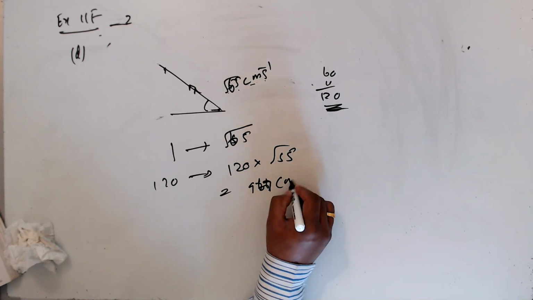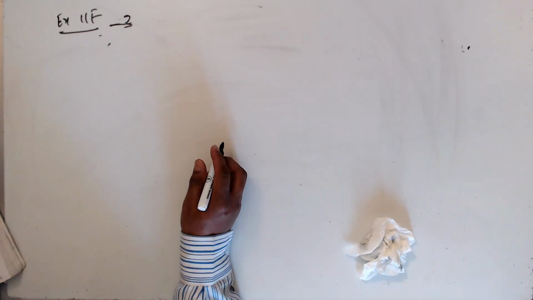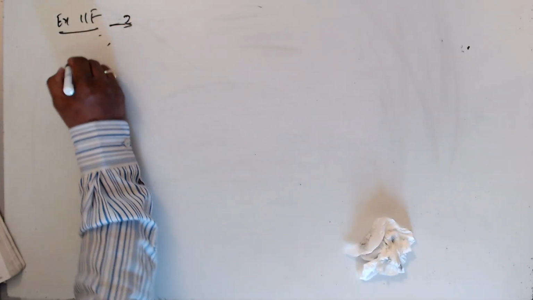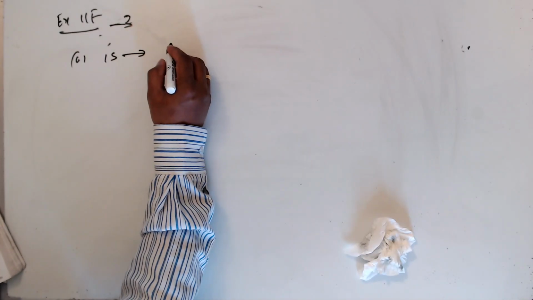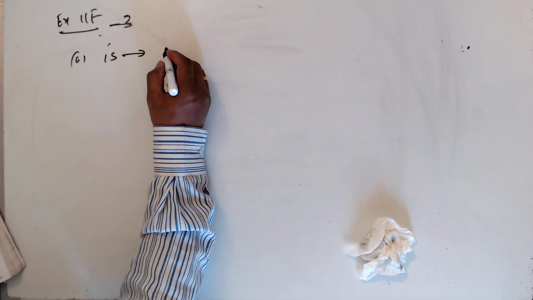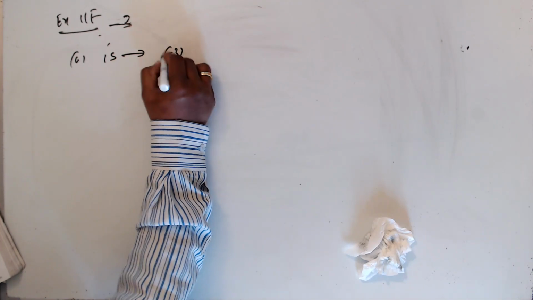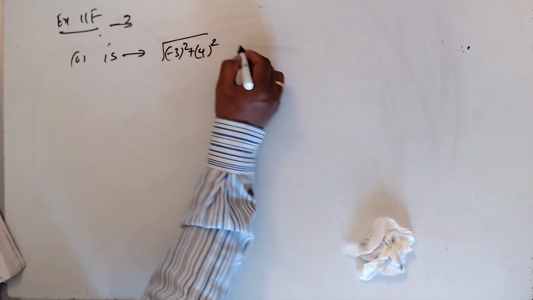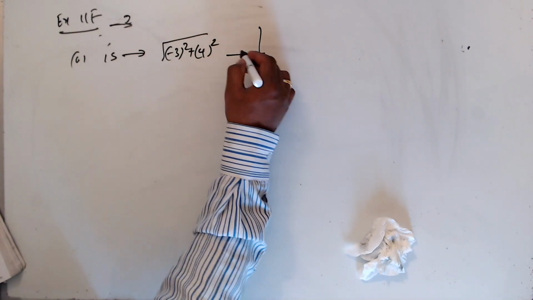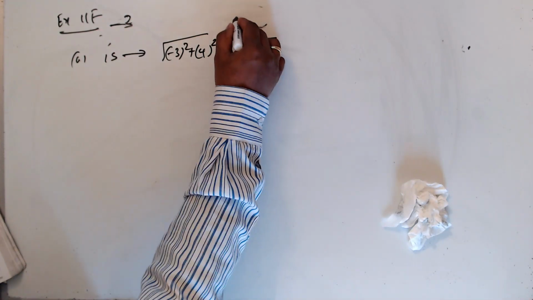967 centimeter approximately. Question number 3a. For 1 second, you are going with minus 3 square plus 4 square, square root, in this direction.